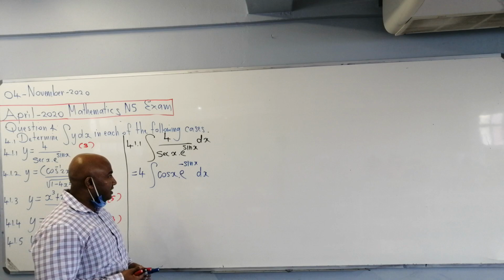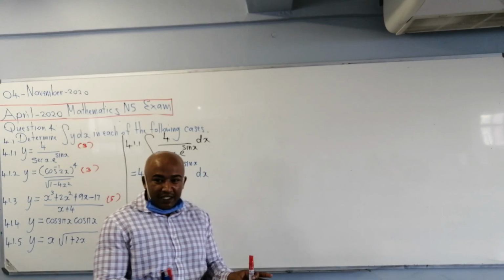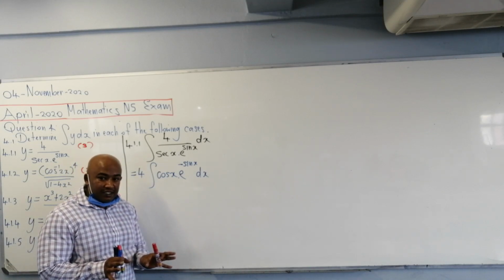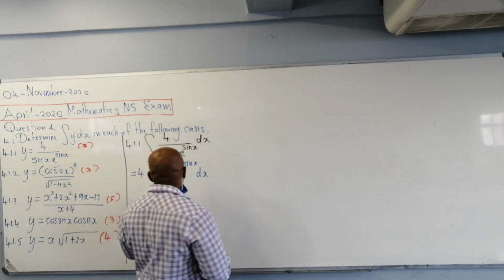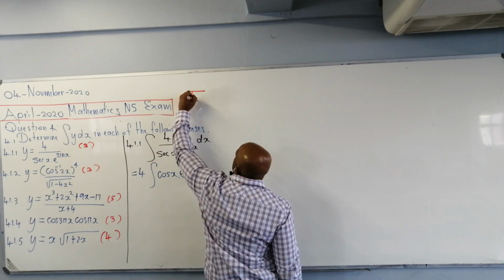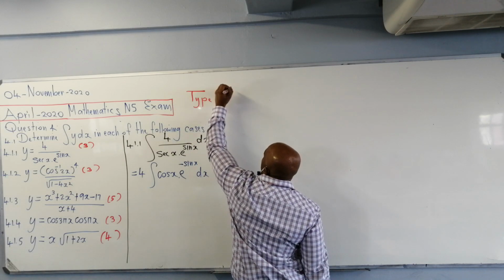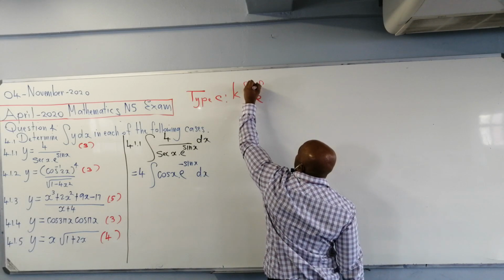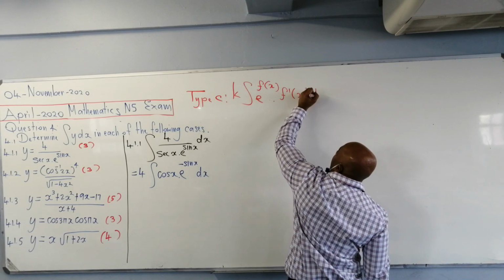Now, be careful. This looks like integration by parts because it's multiplication, but it's not. This is type C. Let me just show you what I'm talking about. Type C deals with e to the power f of x multiplied by f prime x.